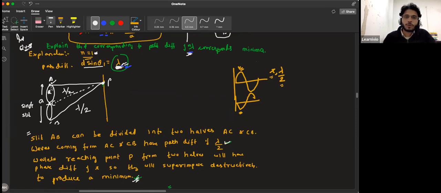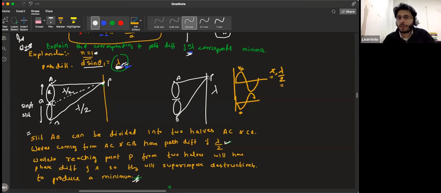So this is the slit. I divide this slit into two parts. If I take this point A and this point B, the waves reaching point P from A and B will have a path difference of lambda. If I divide it into two equal parts, the first half and the second half, the path difference between waves reaching point P from the first half and the second half is lambda by 2.